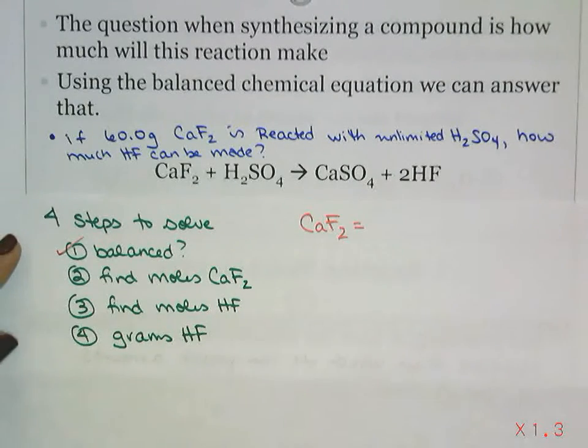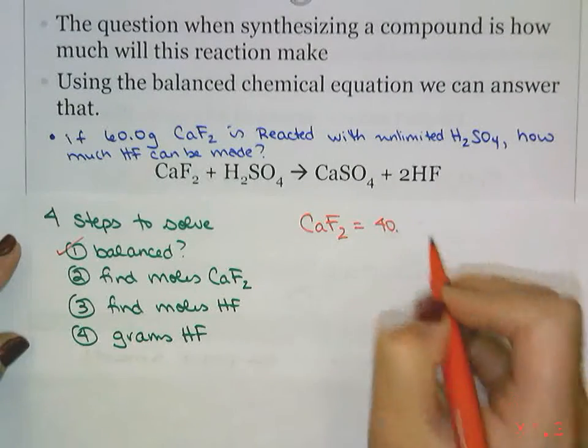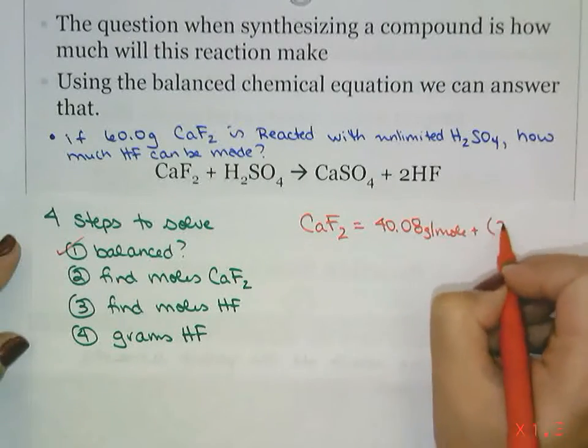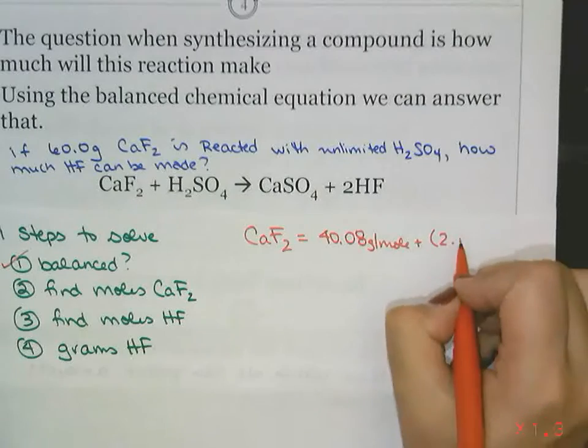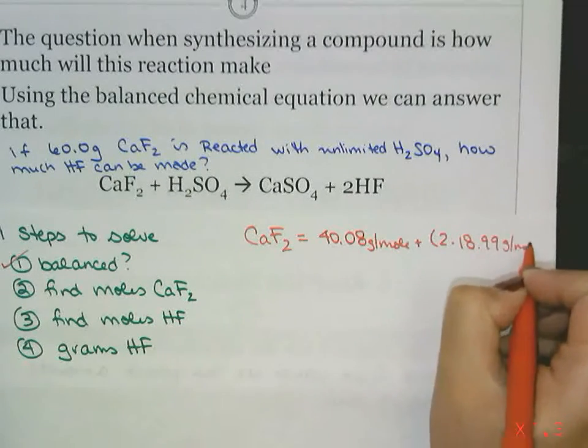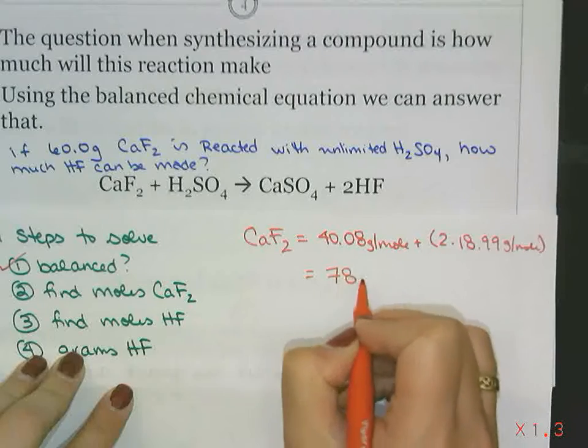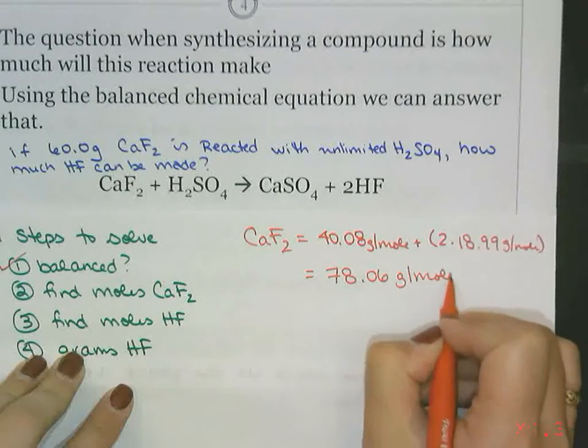Let's see, calcium is 40.08 grams per mole plus 2 times 18.99 grams per mole. Definitely be calculating at your bench also. Make sure that I'm doing the right things. My math skills have been a little off lately. Good.